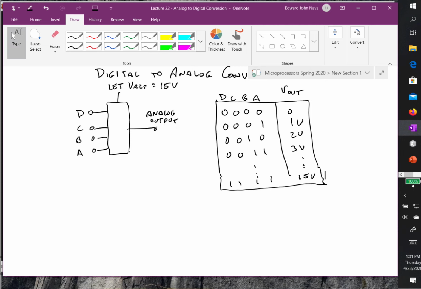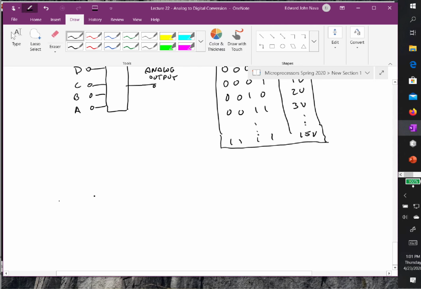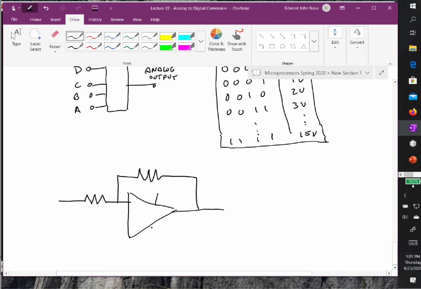So what we want to do is we step through, and we're going to generate some sort of analog output that is proportional to our binary count in. So the question is, how are we going to do that? So again, we draw on our handy dandy op-amp. And I'm going to ignore this, because we're going to use this in a linear mode now.